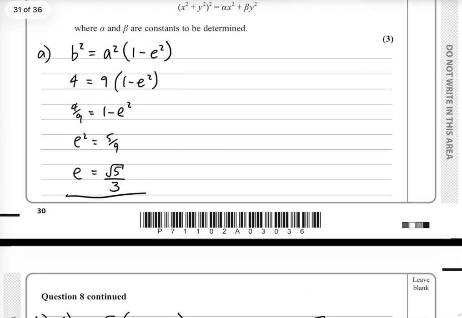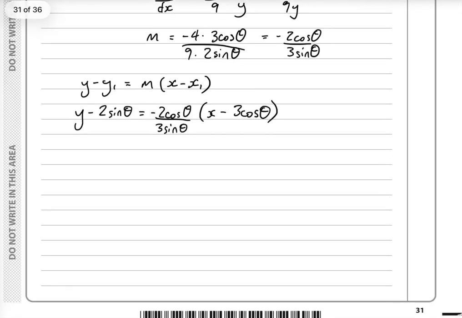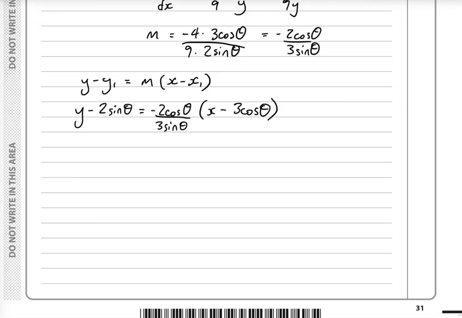How do they want it to look? x's, y's, and a constant on the right. So multiply everything by 3 sine theta: 3y sine theta minus 6 sine squared theta.